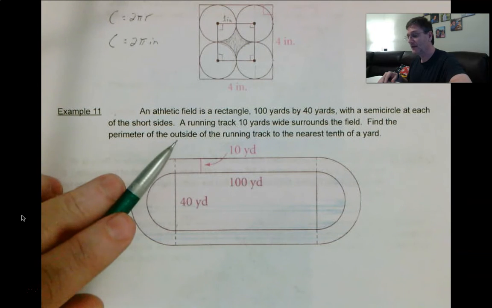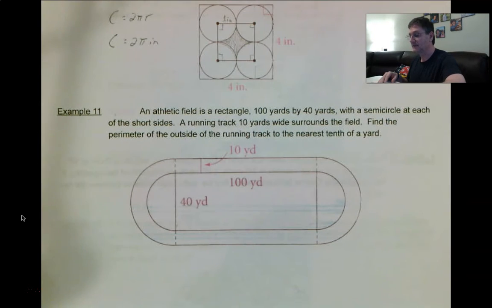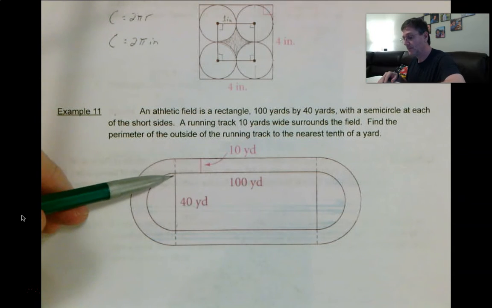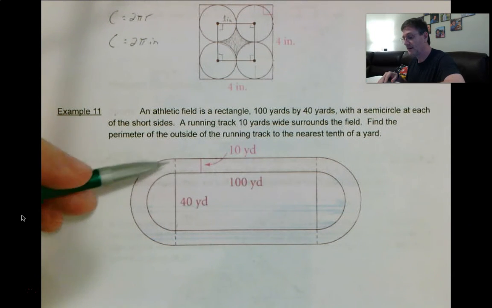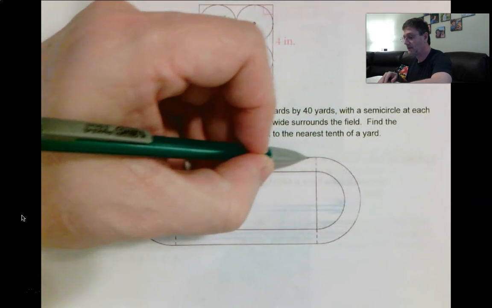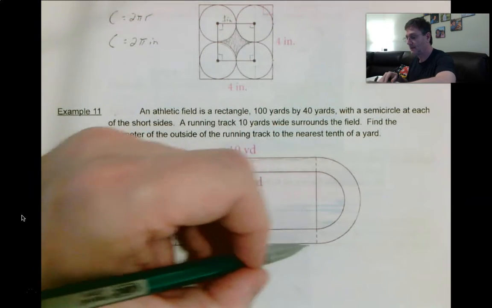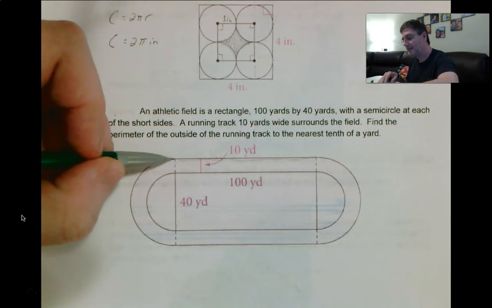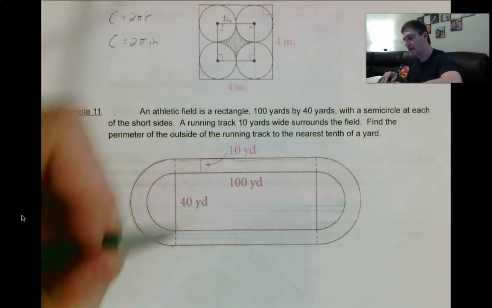Find the perimeter of the outside of the running track to the nearest tenth of a yard. So we want to find the length from here to here, here to here, and the circumference of this circle here.